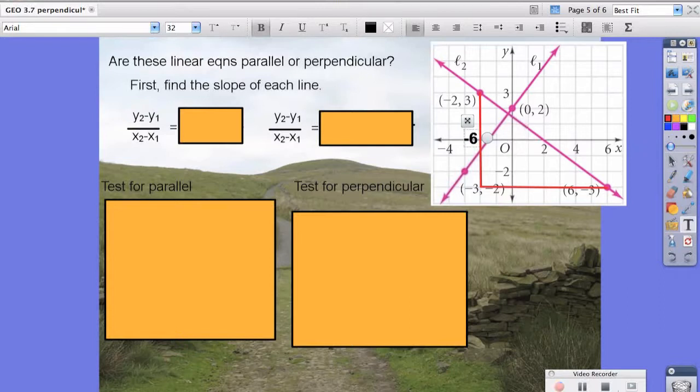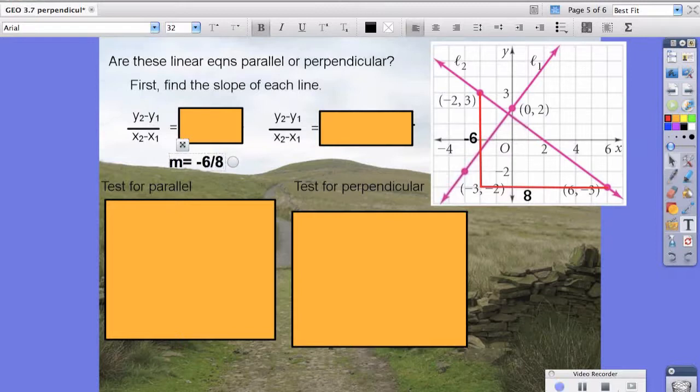And then to go right to the next point, we have to go 1, 2, 3, 4, 5, 6, 7, 8. 8 to the right. Because it's to the right, it's positive. So for the slope of that line, we write m equals -6/8.